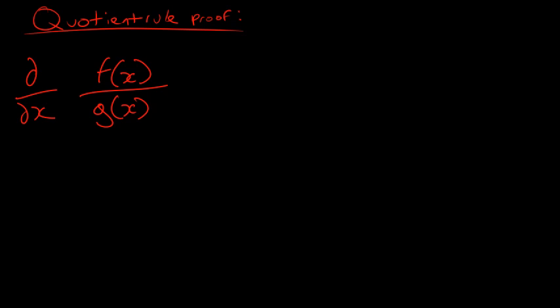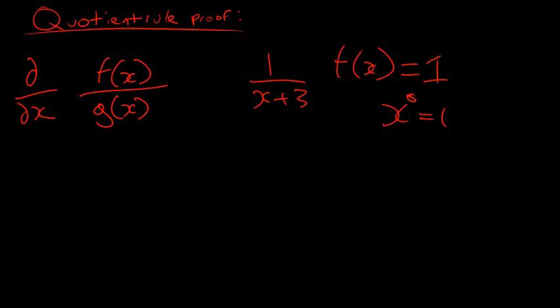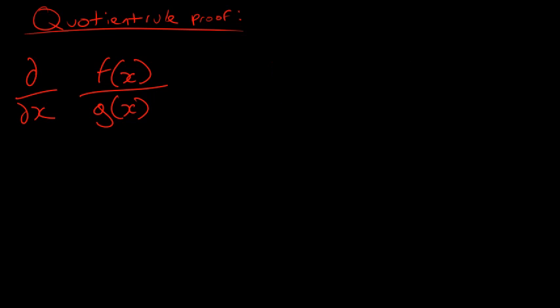You may say, well, in the situation of 1 over, let's say, x plus 3, 1 is not a function of x, but it is. f of x could be 1, essentially, as x to the 0 equals 1, but we're just using f of x to show that it includes stuff such as x plus 3, instead of it just being a single variable there. So the derivative of f of x over g of x being our two functions.